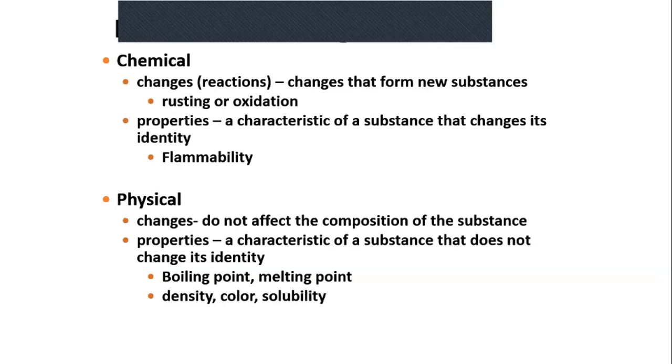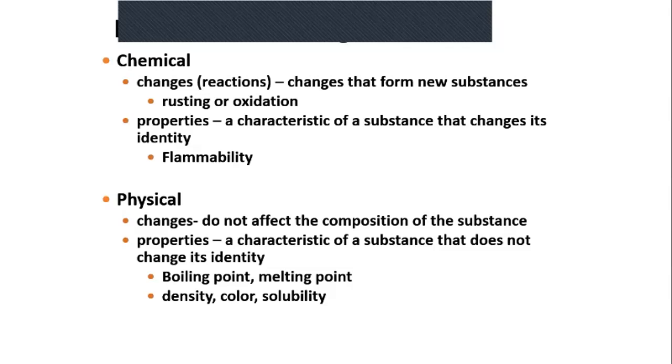Likewise, when you digest food, it's a chemical change because the food going in is not the same as what's coming out. A scab forming over a cut is a chemical change. A leaf changing color is a chemical change. You can't go back to what you started with.